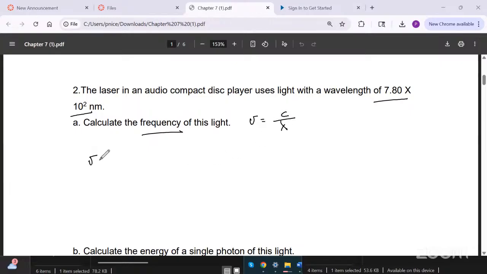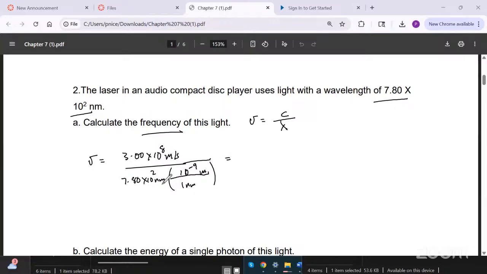So nu would be equal to 3.00 times 10 to the 8 meters per second, divided by the wavelength, which is 7.80 times 10 to the 2 nanometers. But we have to convert nanometers to meters because we have the meter unit up here. So nano means 10 to the minus 9. That means that 1 nanometer will be equal to 10 to the minus 9 meters. And that's the setup.